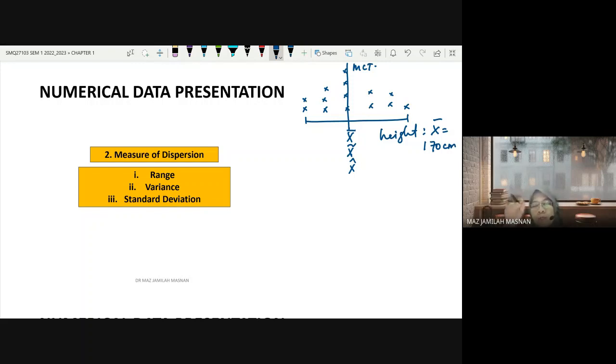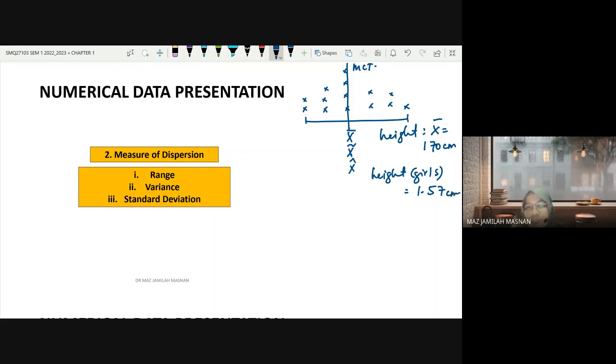When I entered the class, I saw there were a few girls inside. When I see the girls, I can say that the height of the girls is maybe 157 cm.